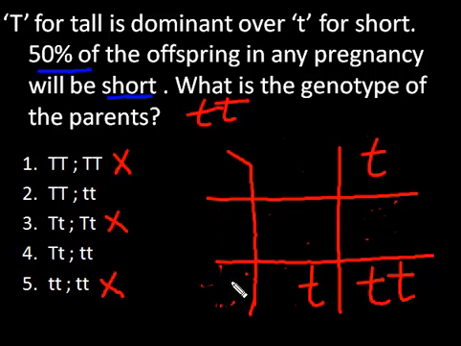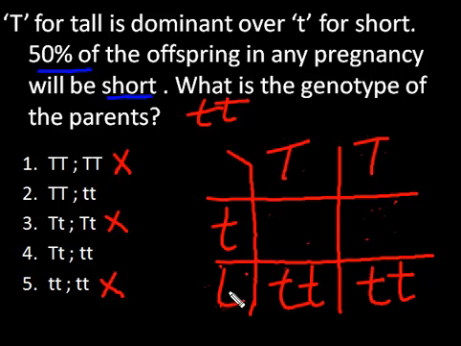Now let's say we have one parent who is homozygous tall and one parent who is homozygous short.